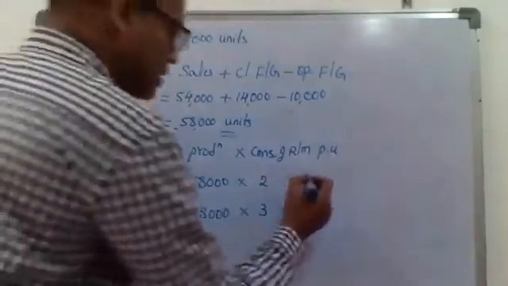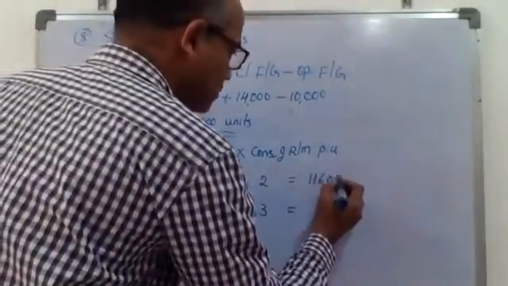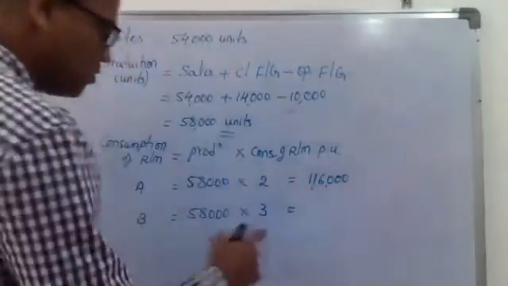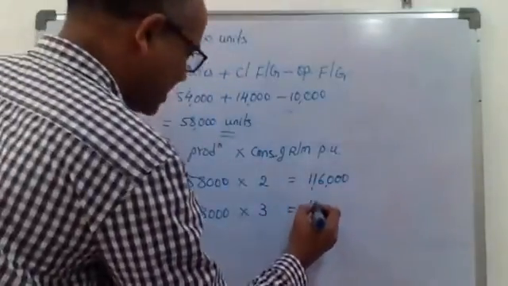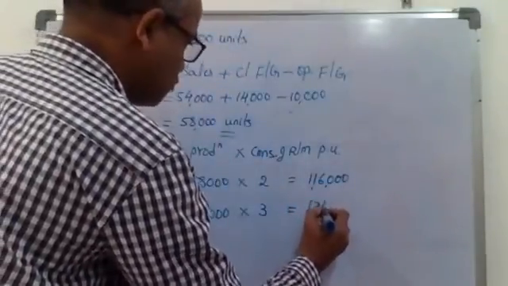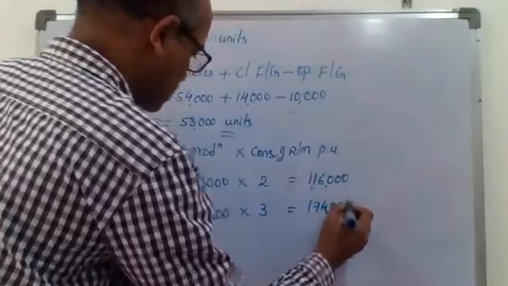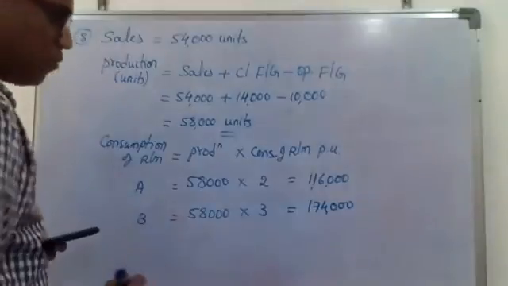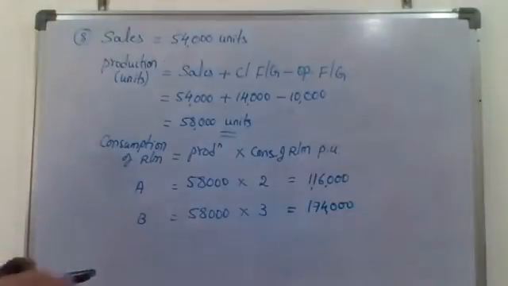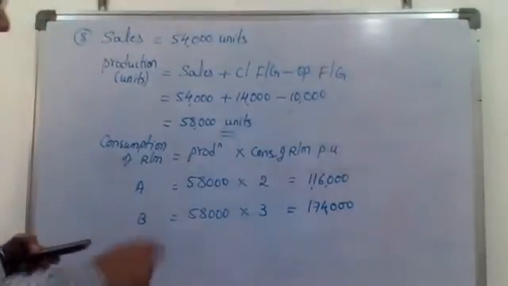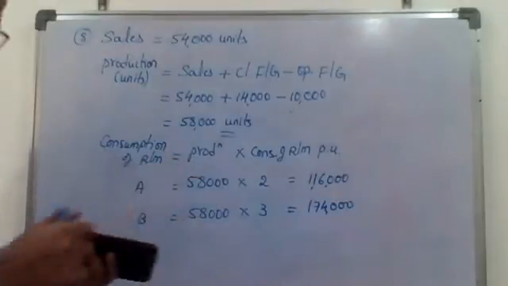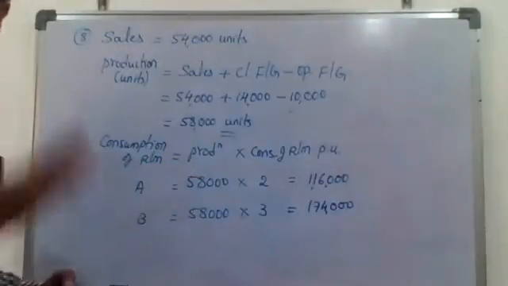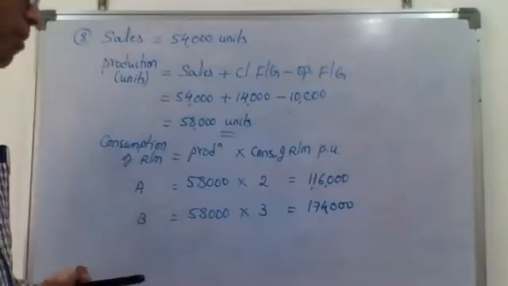So this will be 1,16,000, and this will be 3 times, 1,74,000. Now I have the consumption of raw material, so I can proceed with preparation of the raw material budget.